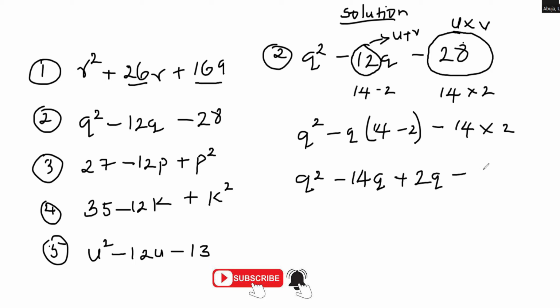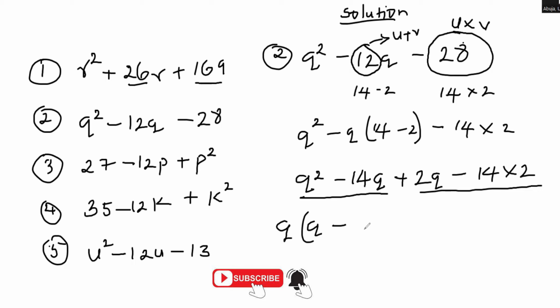Then we have our minus 14 times 2. So looking at these two as a pair and looking at these two as a pair, we're going to factorize the common terms now. Here we have 2q, or q here. Let me pick out one, and I'm left with the other one. Then minus, you remove q here, you are left with what? 14, close the bracket. Beautiful.